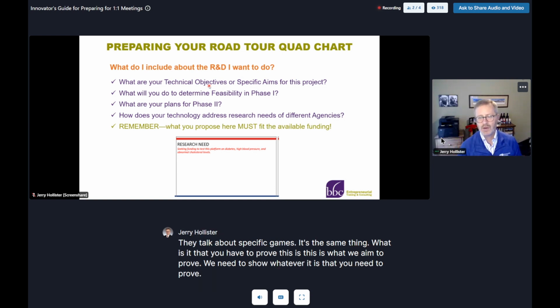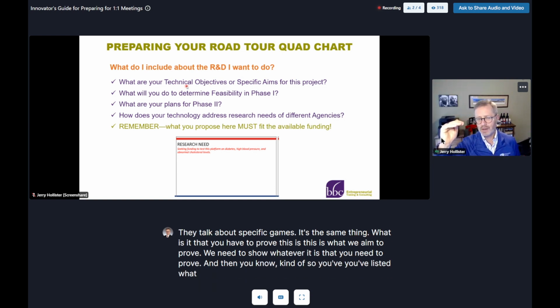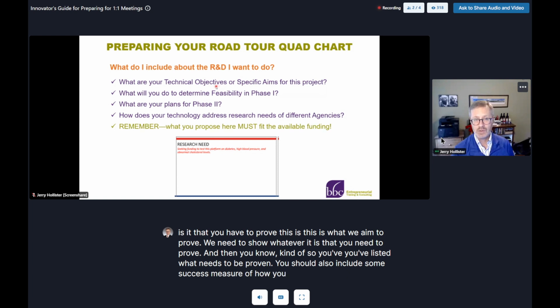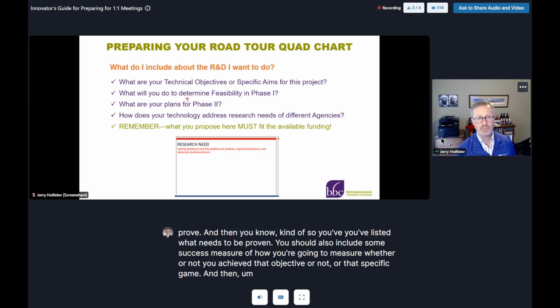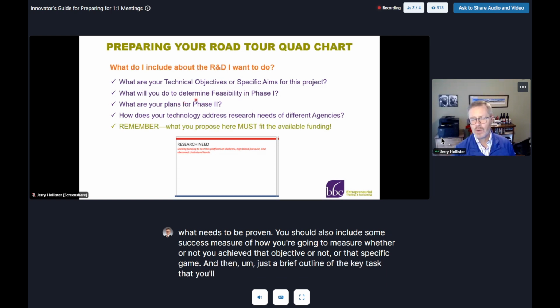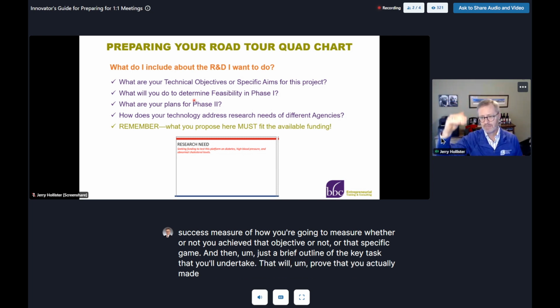And then so you've listed what needs to be proven. You should also include some success measure of how you're going to measure whether or not you achieve that objective or not, or that specific aim. And then just a brief outline of the key tasks that you'll undertake that will prove that you actually made your objective or not. Okay.